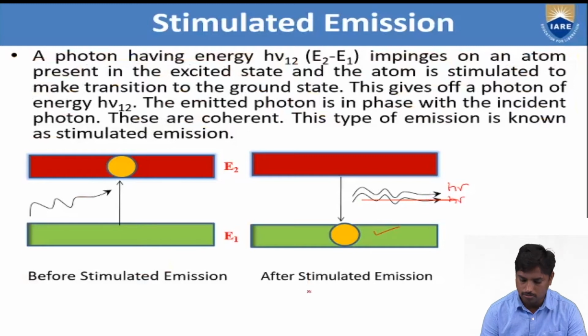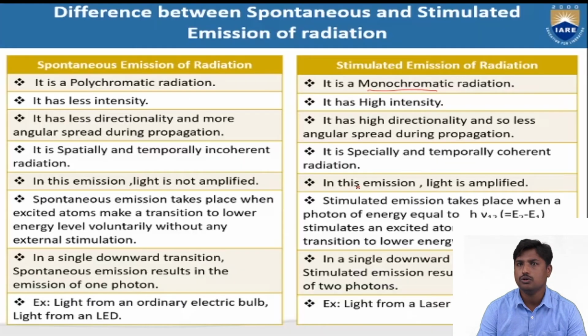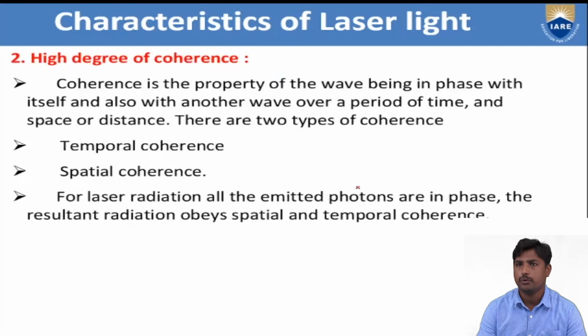The electron releases two photons with the same wavelength and the same phase, so they are said to be in coherence.